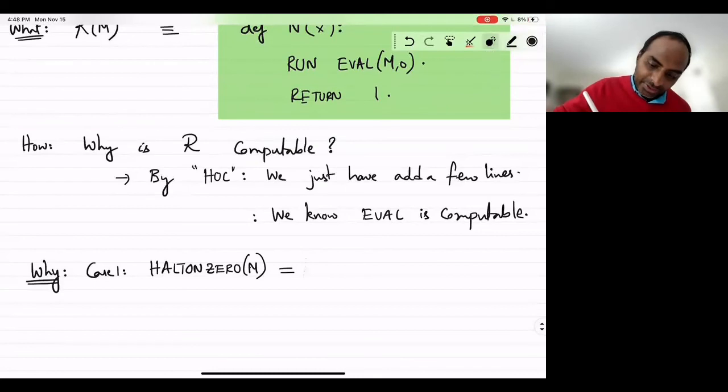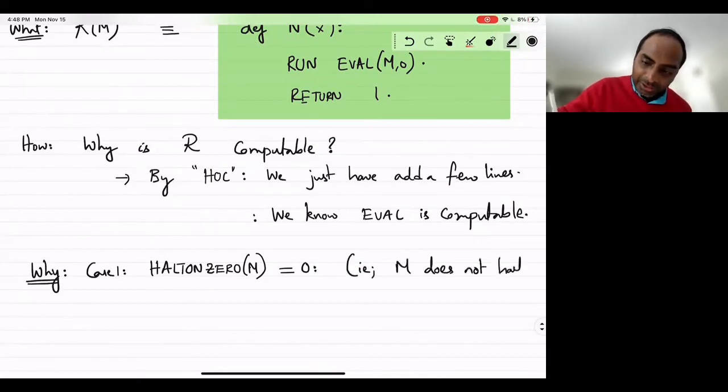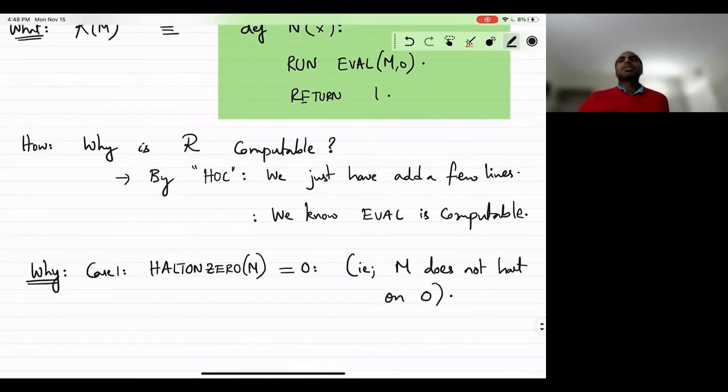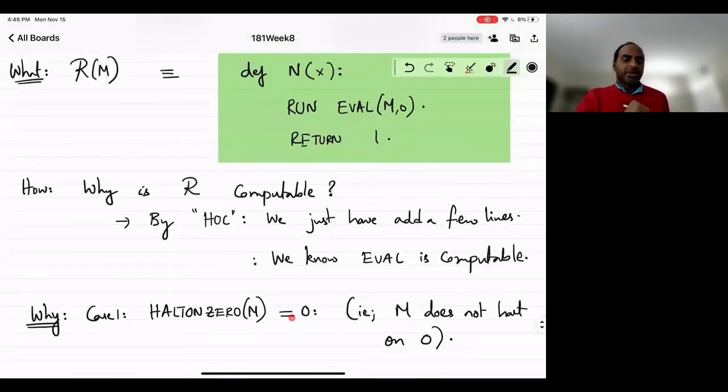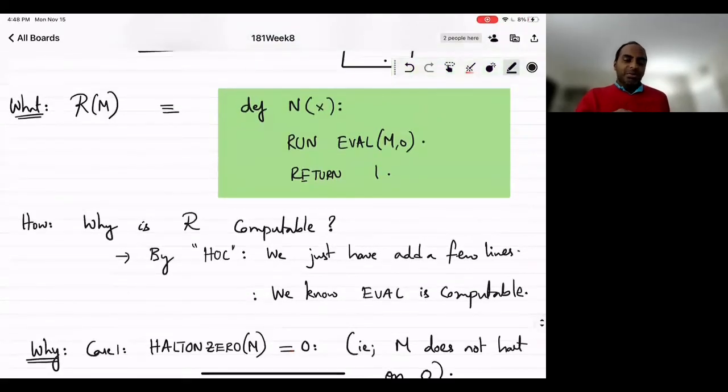Or let's start with the case where it's 0, that is, M does not halt on 0. So what happens in this case? If M does not halt on 0, what does this say about the behavior of the program corresponding to R of M?